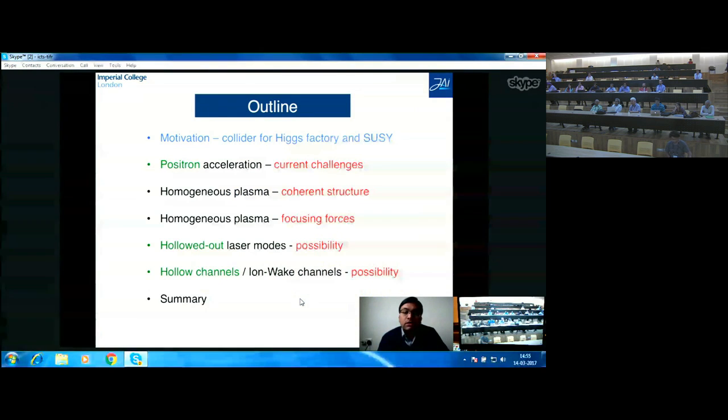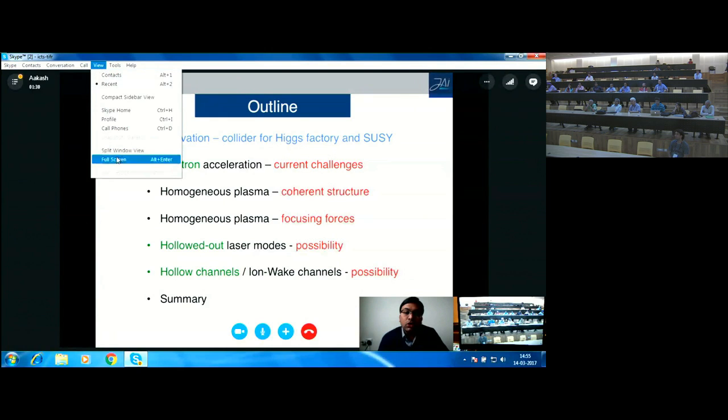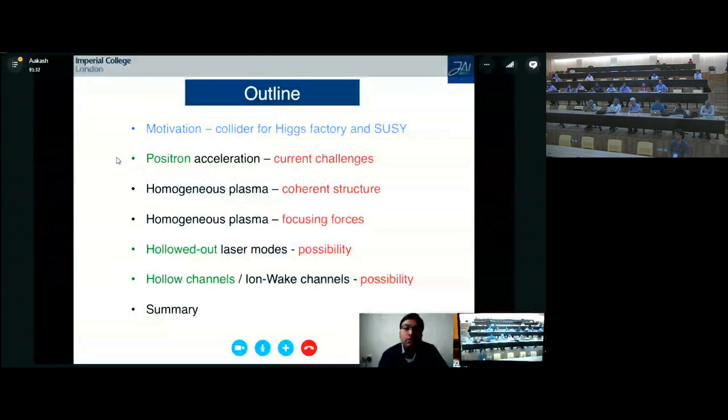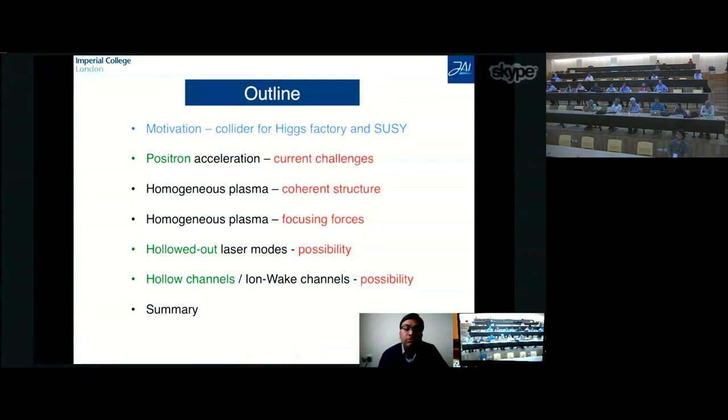And this talk, for those of you who attended the Newton Bhabha High Field Science Workshop in Trivandrum, is a continuation of that talk. And I'll be showing the efforts that we have put together going forward on this topic.